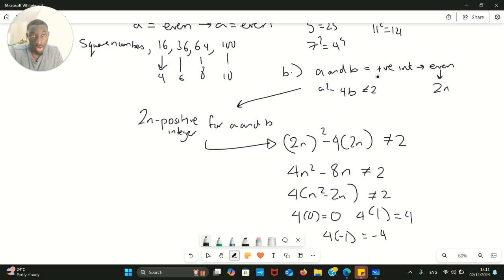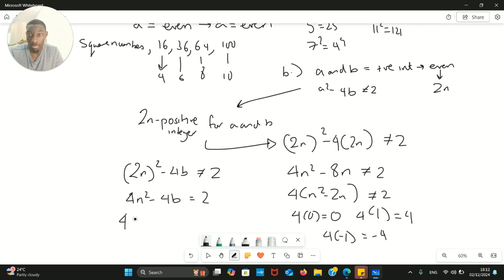Also, if I was to take a just to be 2n, I can then have 2n squared minus 4b equals 2. Let's say b is a positive integer, but I want to express a as 2n. So I'm going to have 4n squared minus 4b equal to 2.